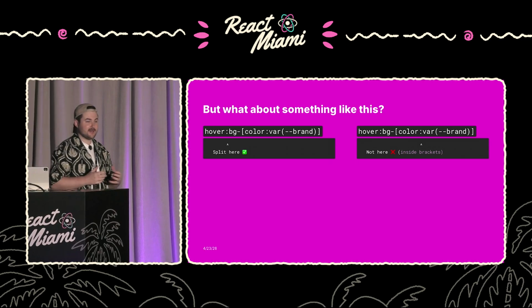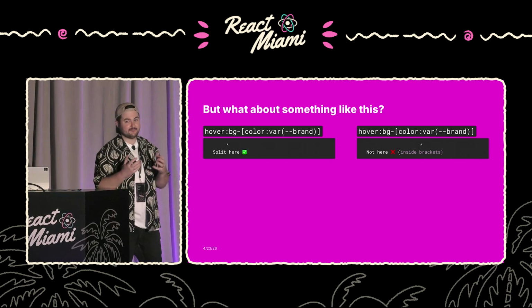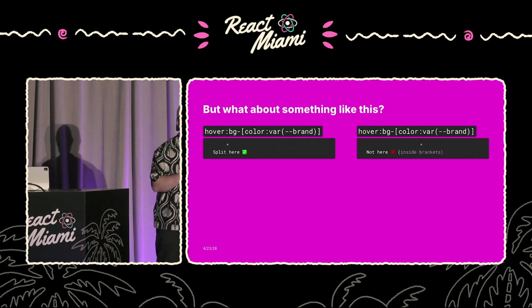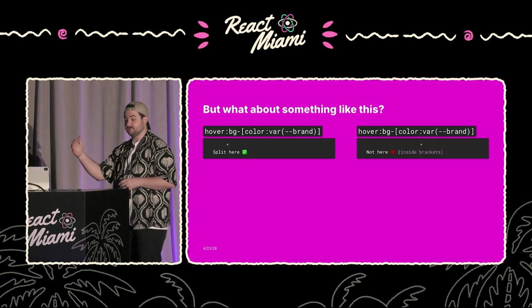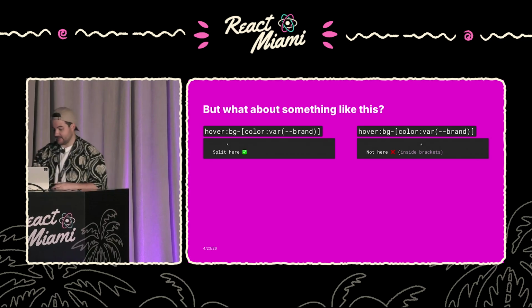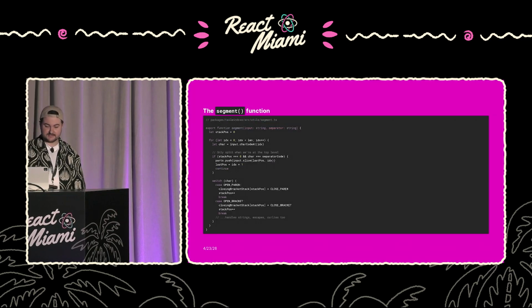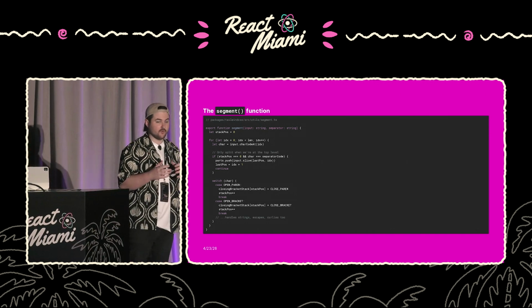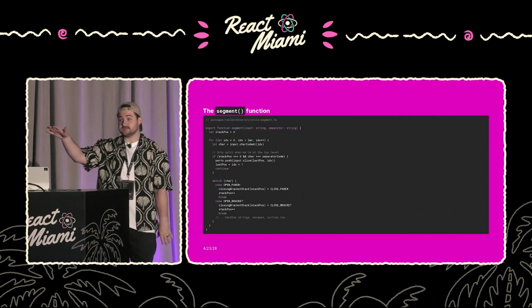So the split can't happen anywhere. It can't happen inside of parentheses or in square brackets. It needs to happen at the top level only. And to help with that, Tailwind has this function called segment. This function will track the depth of a utility using a stack. So every time it sees an open parenthesis or an open bracket, it will push to the stack.